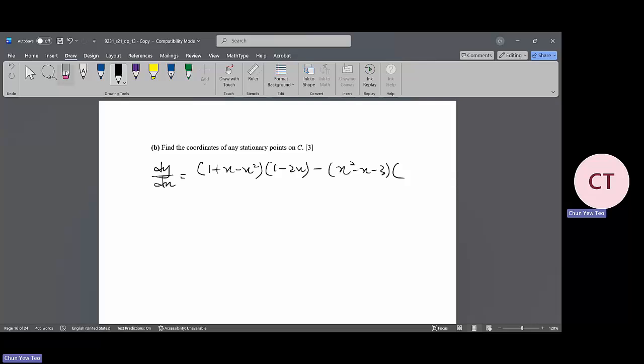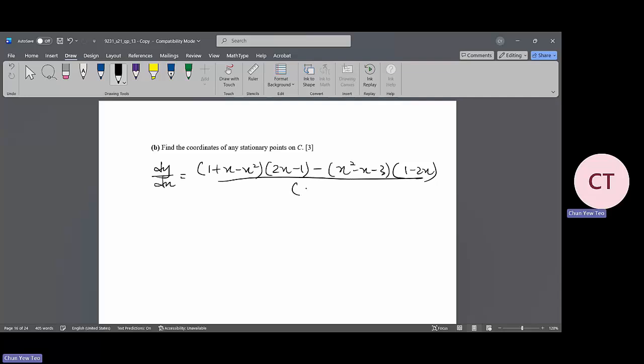Oh, sorry, I made a mistake. Keep the bottom, differentiate the top, minus keep the top, differentiate the bottom. Then you get this.